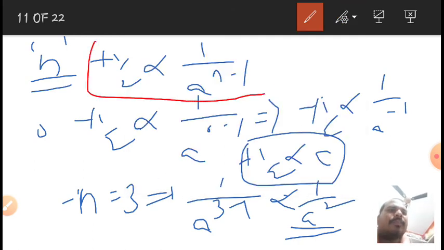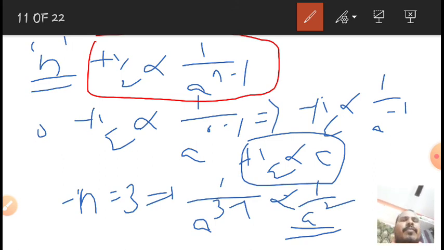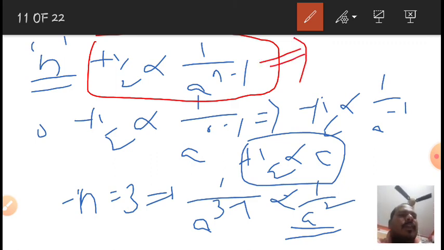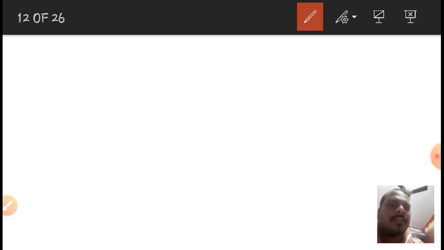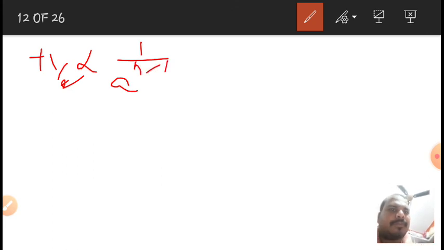Simply what I am trying to say is, for nth order, the half life of a reaction is inversely proportional to A to the power of n minus 1. So with this relationship, we can calculate the order of a reaction. For nth order reactions, t half is inversely proportional to A to the power of n minus 1.